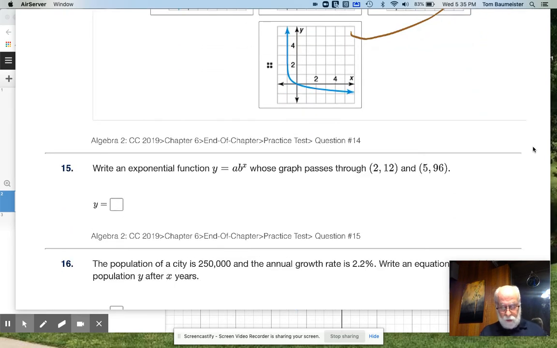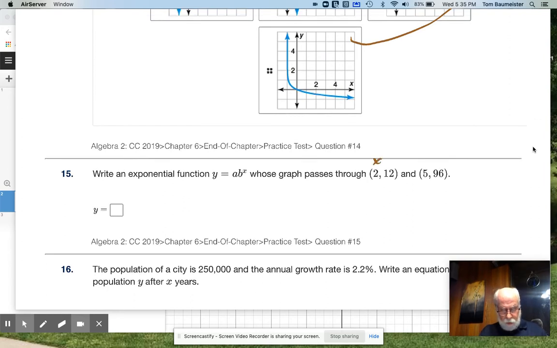All right, write an exponential function y is equal to a times b raised to the x power, whose graph passes through (2, 12) and (5, 96). So remember, on this one here, we called this our x and our y, and we called this our x and our y. Step 1, I told you to write it down.